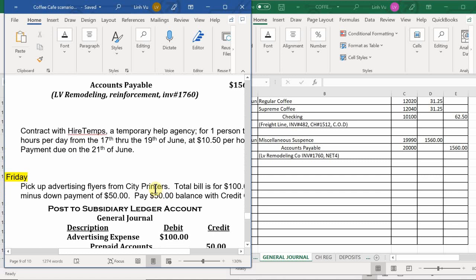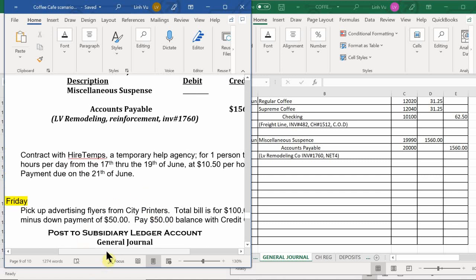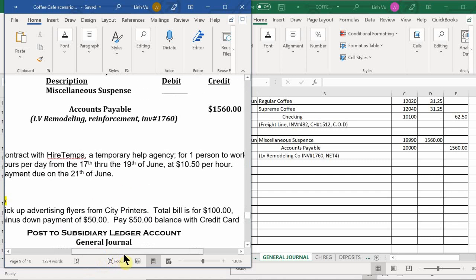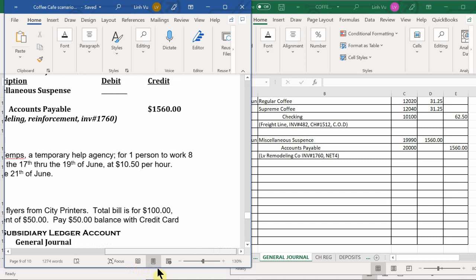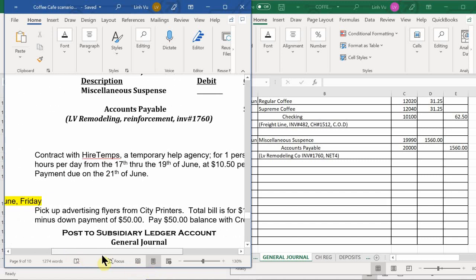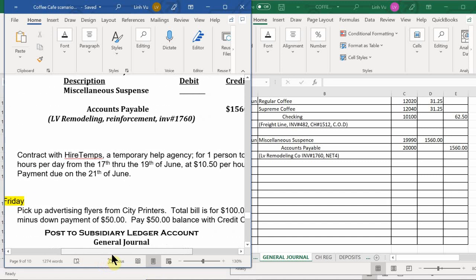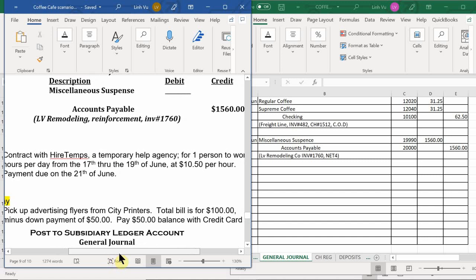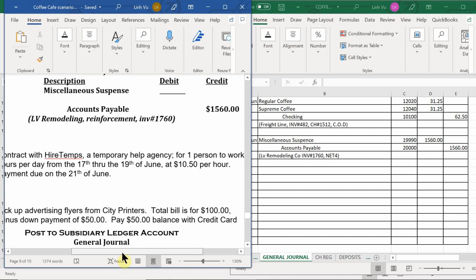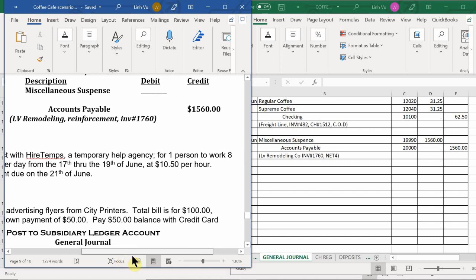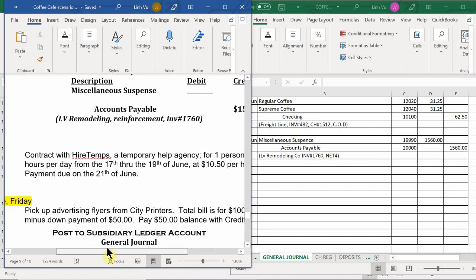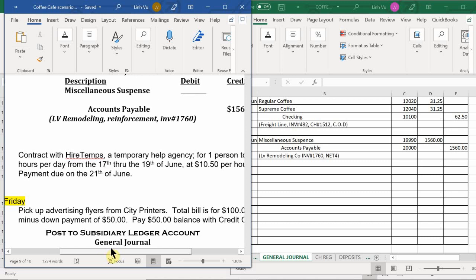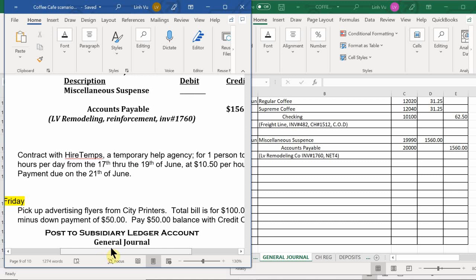We have a contract with a temporary help agency for one person to work 8 hours per day from the 17th through the 19th of June, $10.50 per hour. Payment is due on the 21st.